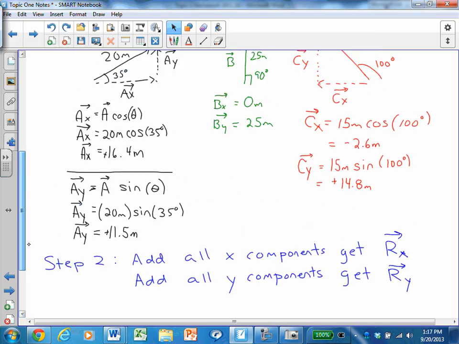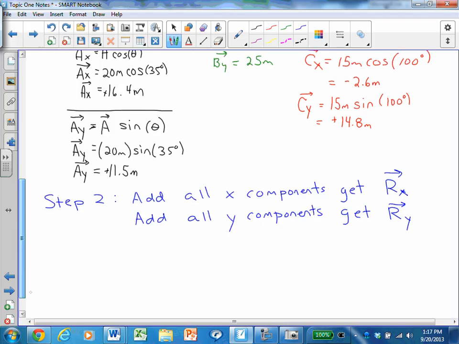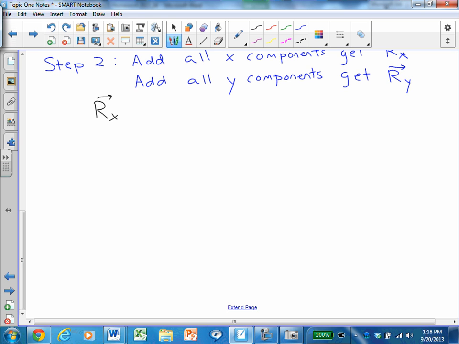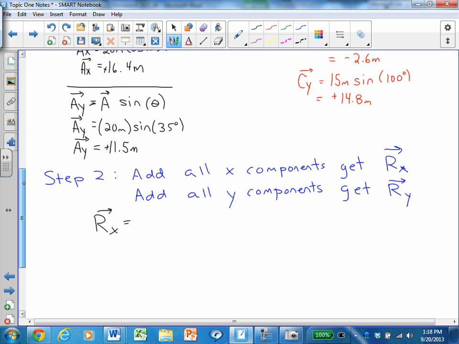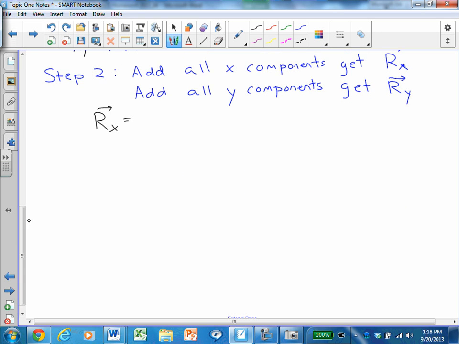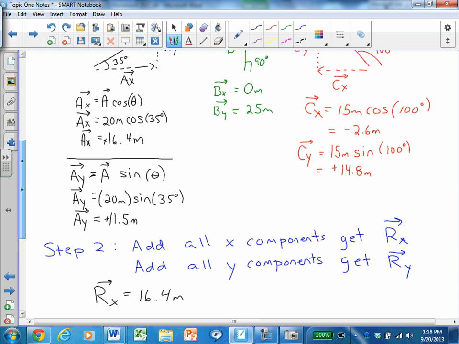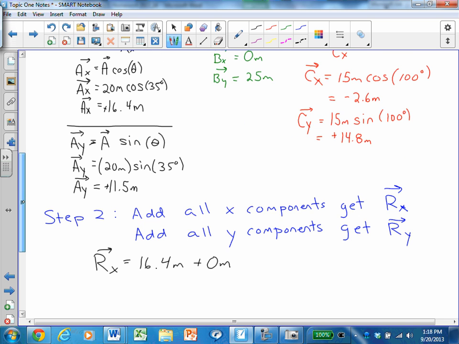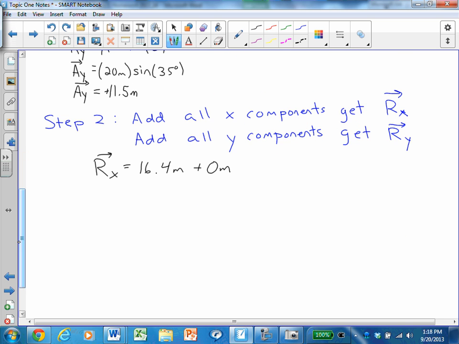Okay, so our Rx would equal 16.4 meters plus 0 meters minus 2.6 meters.